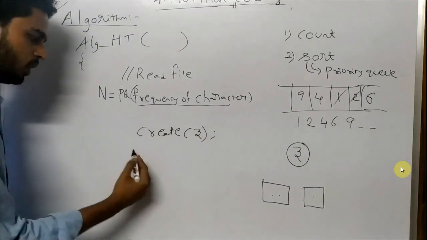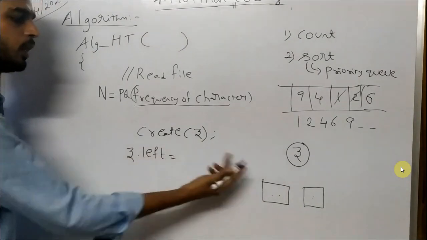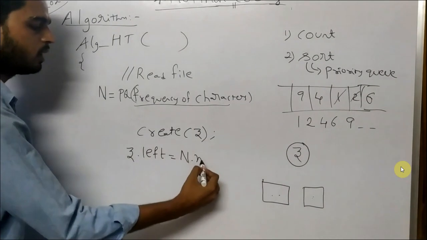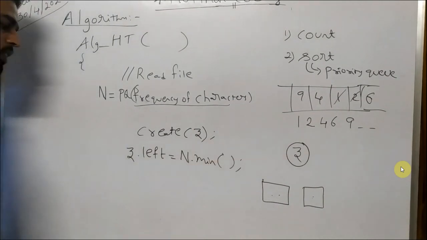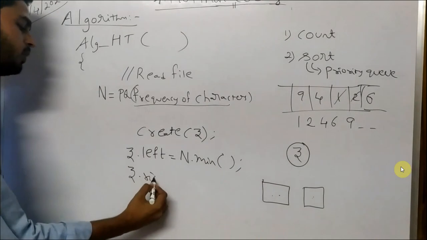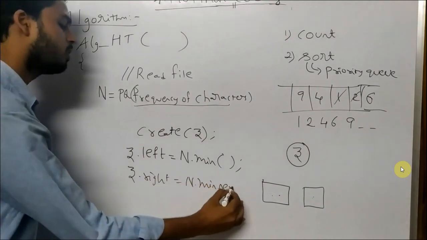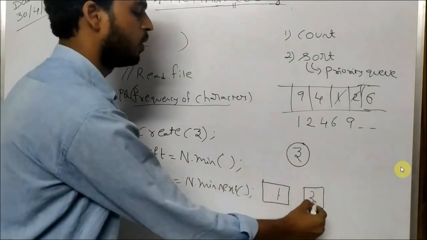For this node, I am going to allocate the minimum value, that is n dot minimum. It is going to get a function, and for the right value I am going to get n dot min dot next. It is going to get a minimum value like 1, 2.